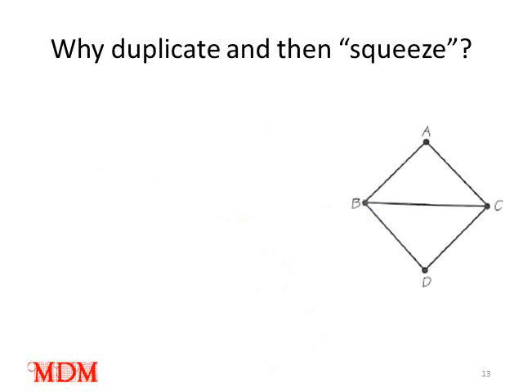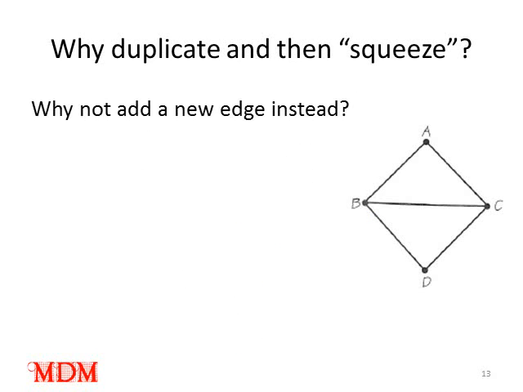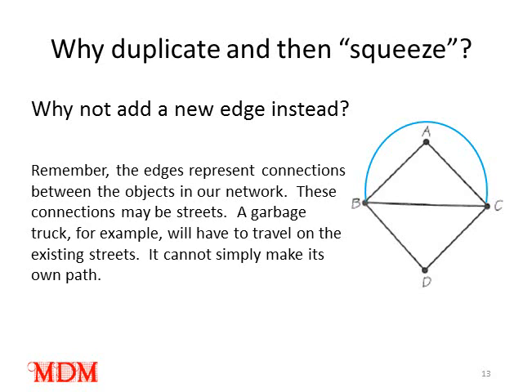Why duplicate and then squeeze? Why not just add a new edge instead? So here I've decided that because B and C are the 2 odd valence vertices, I could just create a new edge that joins B and C. Remember that the edges represent connections between the objects in our network.